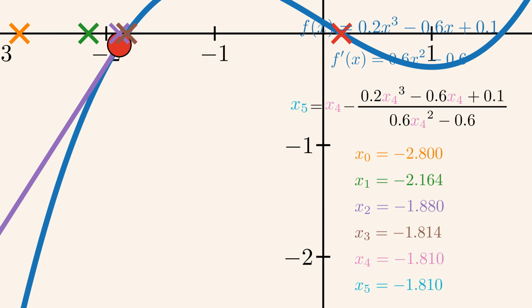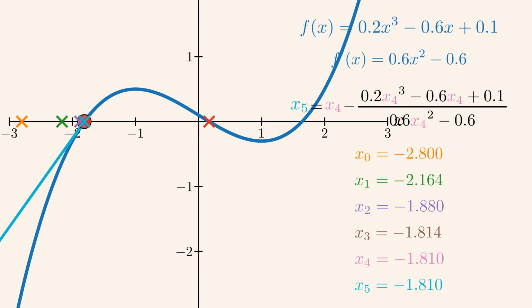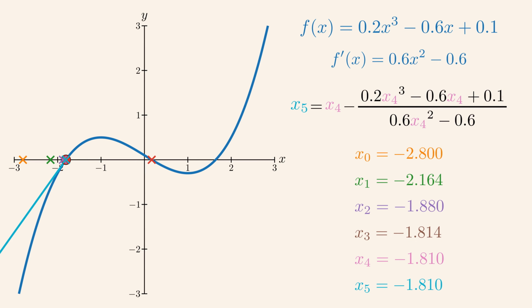Then the tangent line intersects the x-axis at this new point. And when we zoom out, we can see that we have converged to the root on the left-hand side. This is different from the root that we found earlier, because this time we used a different initial value.